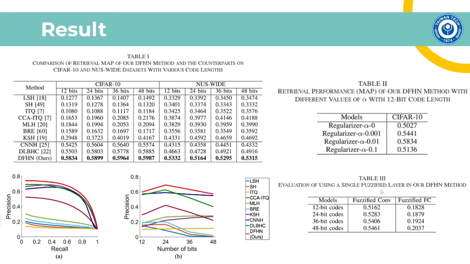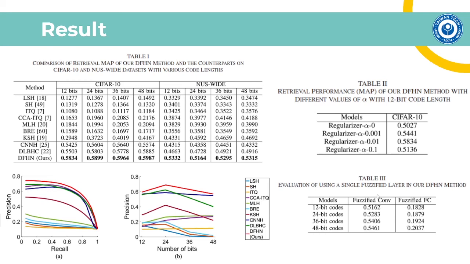And this is another ablation study of the proposed method. So they change which layer they use as the fuzzified layer. In this column they change the convolutional layer only, and in this column they use the fully connected layer only.